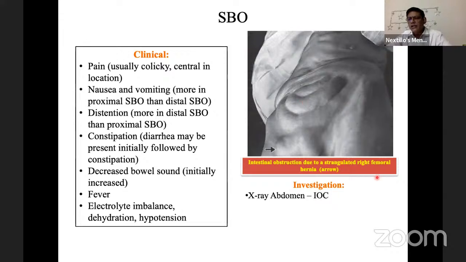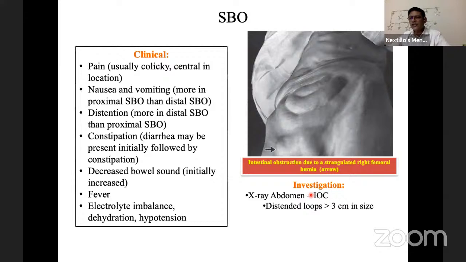X-ray abdomen is the investigation of choice for a suspected patient of intestinal obstruction. That means be it small, be it large, the investigation of choice and the commonest initial investigation done is the X-ray abdomen. The findings that we can see in this X-ray are distended or dilated bowel loops.